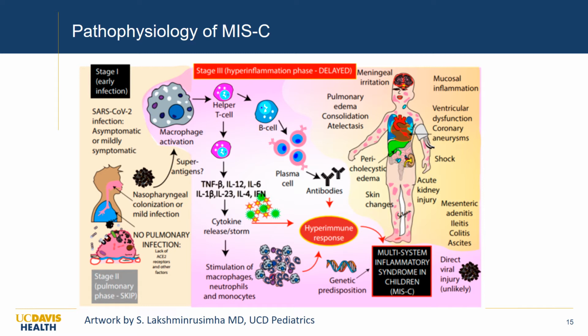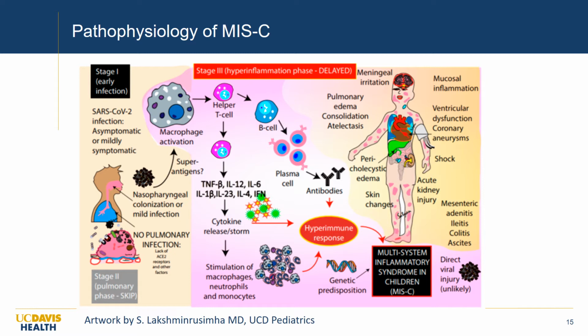However, they have a mild infection, which possibly, maybe through a superantigen, causes sort of this large inflammatory response, leads to activation of our macrophages and release of inflammatory cytokines that then leads to T cell activation, and T cells then lead to even further production of cytokines, leading to sort of this huge cytokine release.